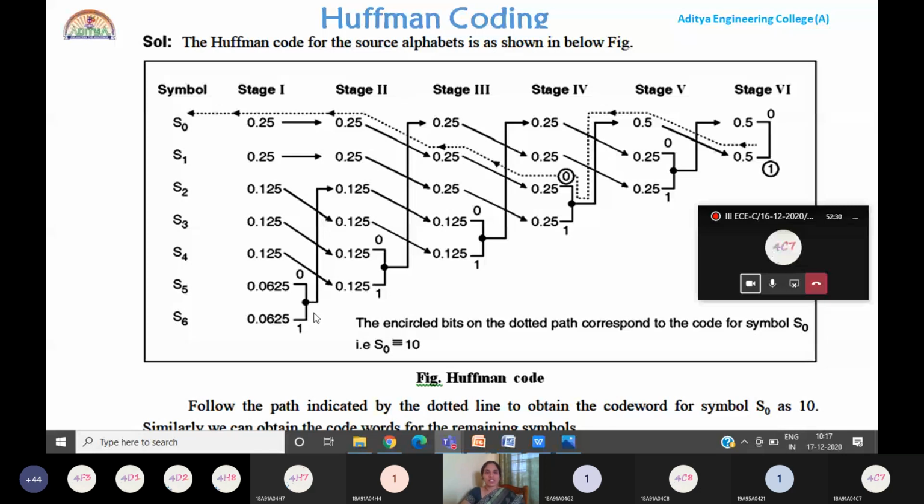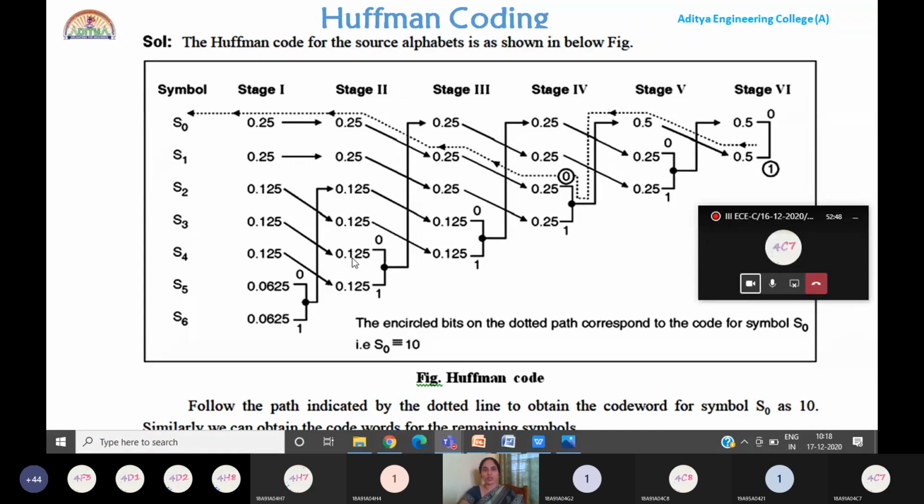And in step 2, the next thing is to relocate the corresponding combined probability in the decreasing order of probabilities. We rearrange all these probabilities in decreasing order.